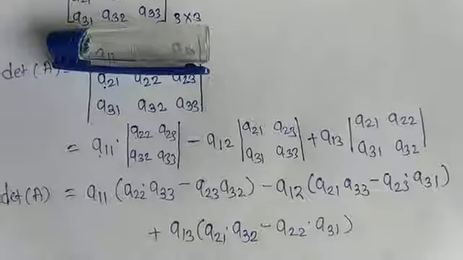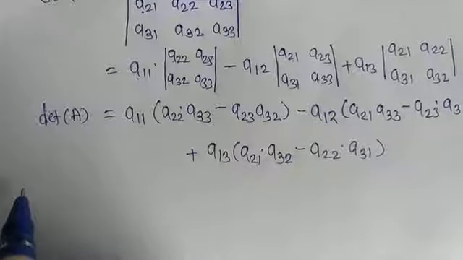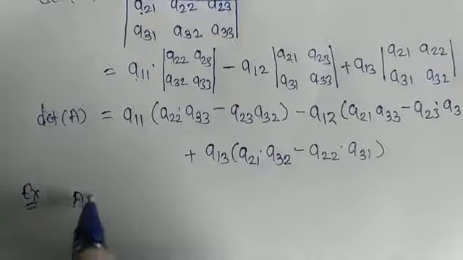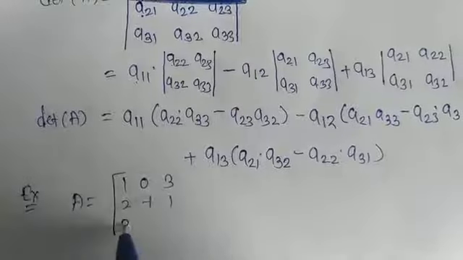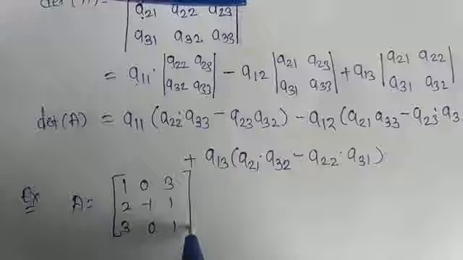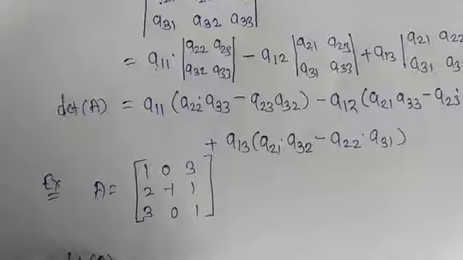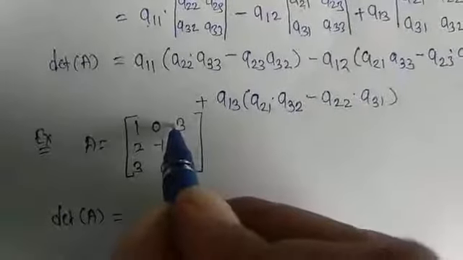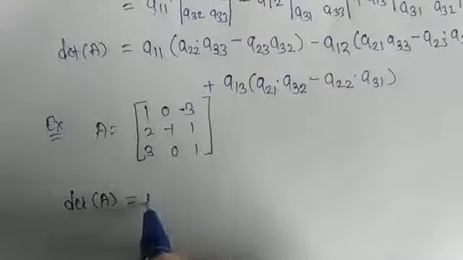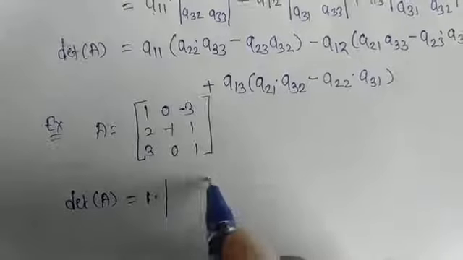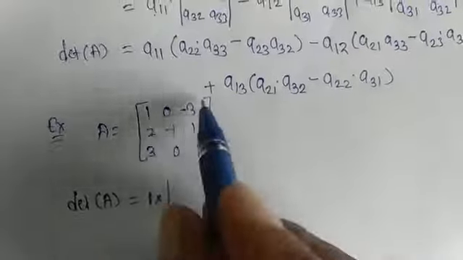Now we take an example related to the determinant of order 3. Let A be the matrix [1, 0, 3; 2, minus 1, 1; 3, 0, 1]. Now the determinant of A: here we take the third term as minus 3, so the calculations will have some changes. Here it is 1 into the determinant of minus 1, 1, 0, 1, after deleting the first row and first column.